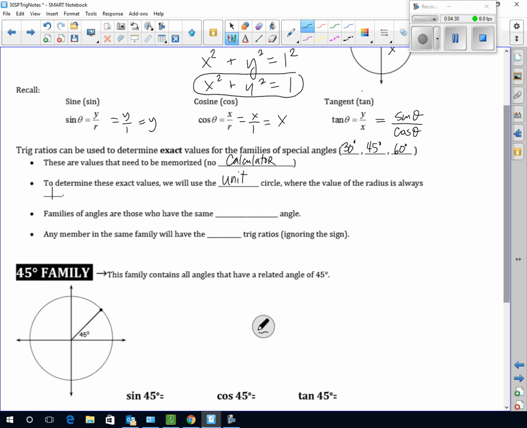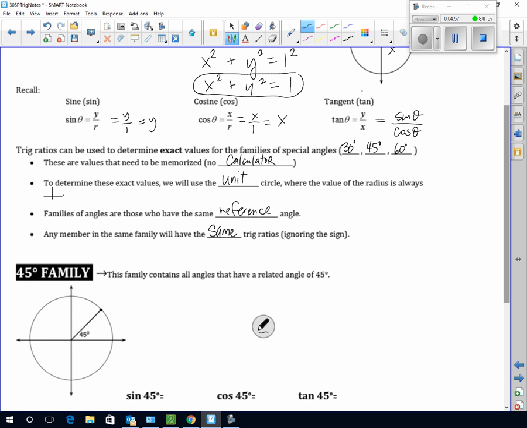Anything with a reference angle of 45 will be in the same family. Anything with a reference angle of 60 will be in the same family. Any member in the same family will have the same trig ratios. Remember we drew that reference triangle yesterday with the different related angles, and they ended up having the same trig ratio.